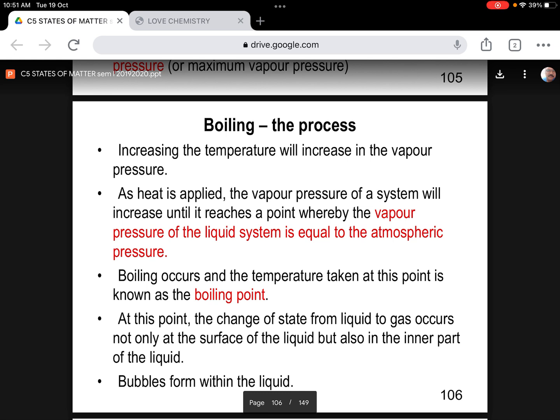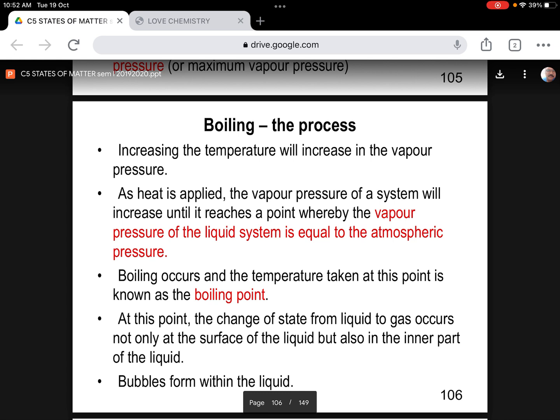When the vapor pressure of the liquid inside the container equals the external atmospheric pressure, the liquid inside the container will begin to boil. That point is known as the boiling point of that particular liquid. At this point, the change of state from liquid to gas occurs not only at the surface of the liquid, but also within the liquid, and bubbles also form within the liquid.